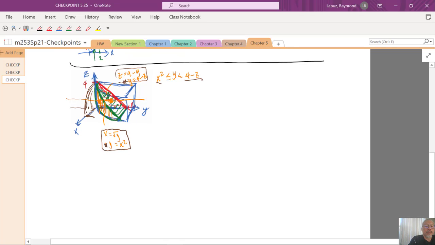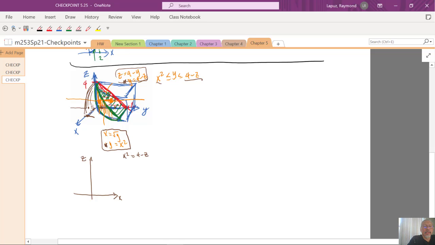Remember, we're trying to figure out what's happening on the xz plane, and we set them equal to each other. We're going to get x squared is equal to 4 minus z.